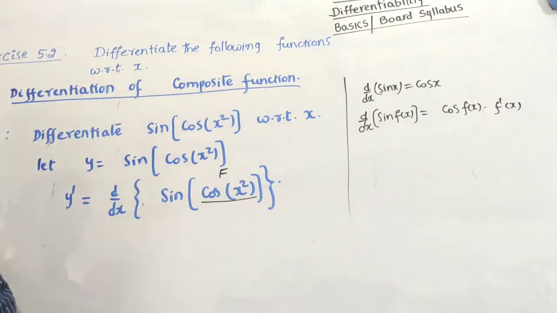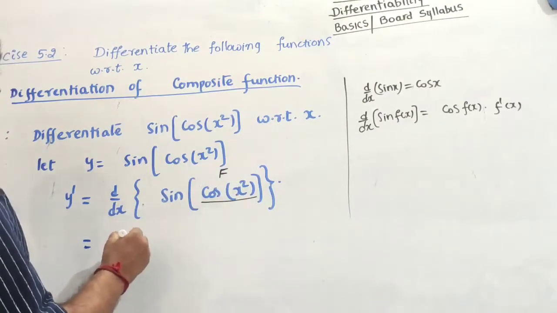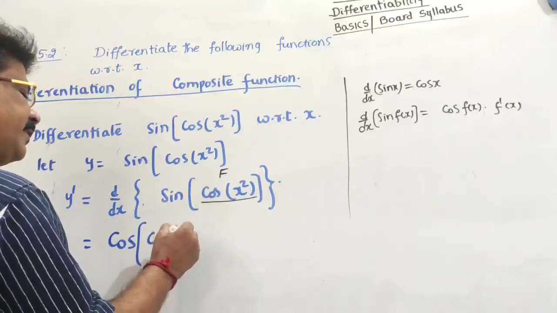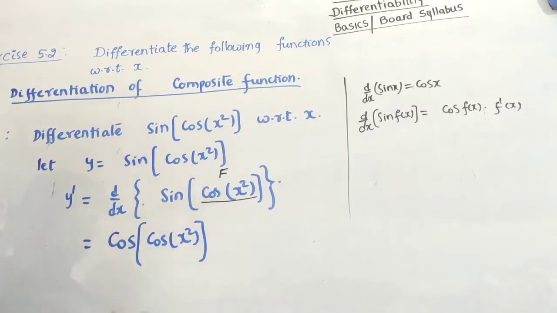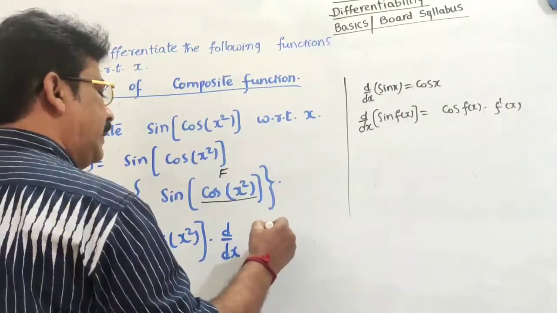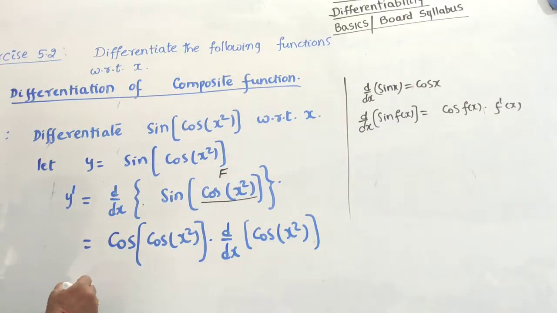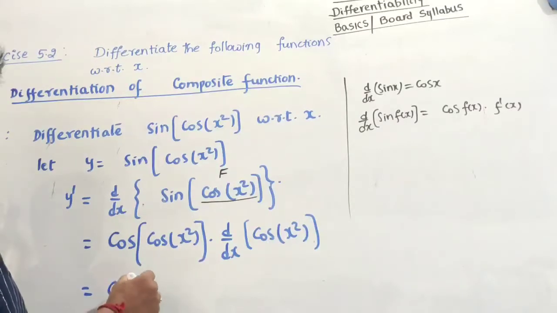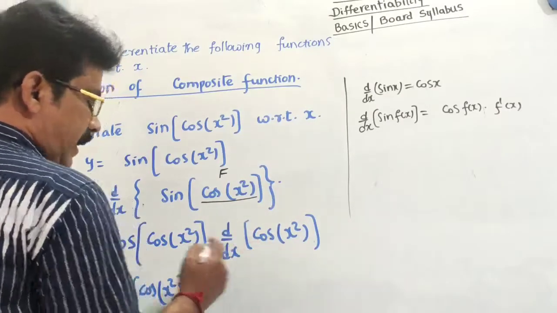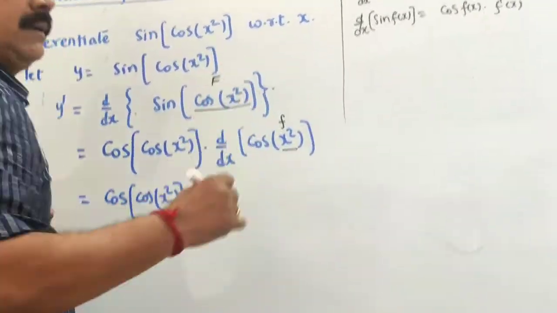So therefore y dash equals d by dx of sin of f of x, answer cos of f of x into f dash of x, meaning d by dx of cos of x square, like that. Next, cos of x square into d by dx of cos of, again let it be f of x.